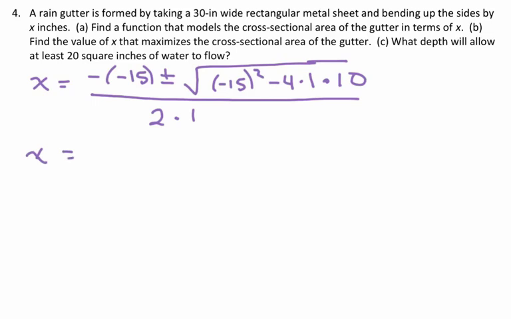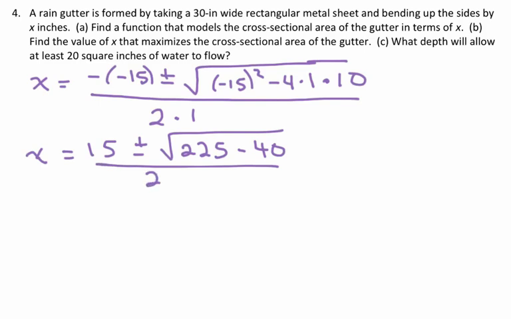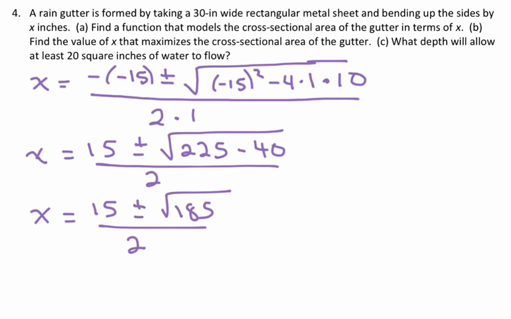So we're going to have to simplify a little bit. That's 15 plus or minus the square root of negative 15 squared, which is 225, and negative 4 times 1 times 10 is negative 40, all over 2. So x will be 15 plus or minus the square root of 185 over 2. There is no nice square root of 185, so you'll have to plug these in the calculator.